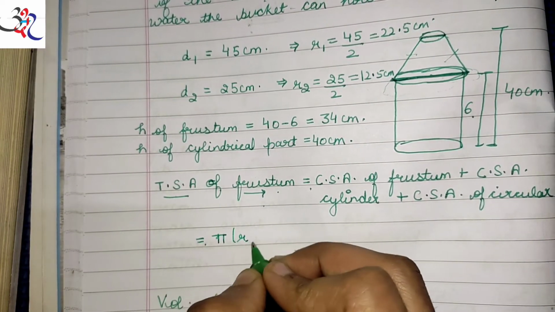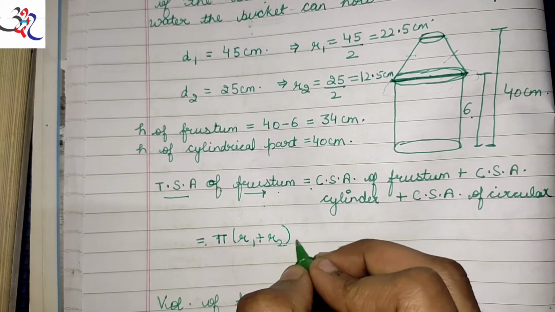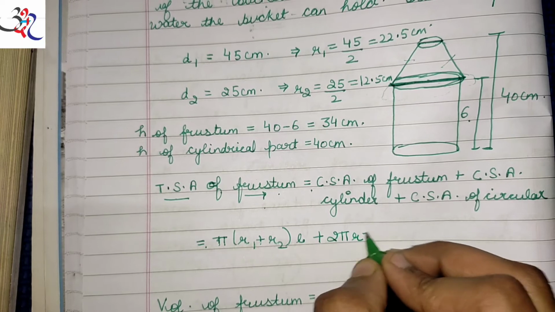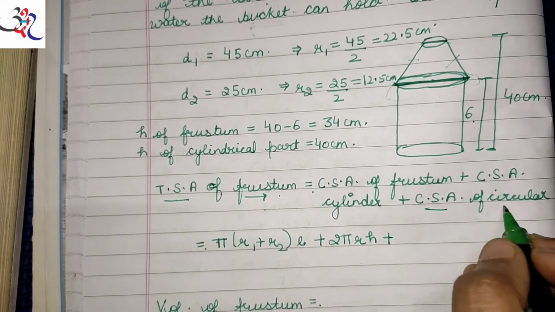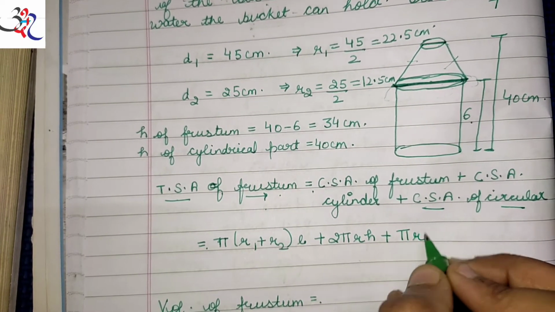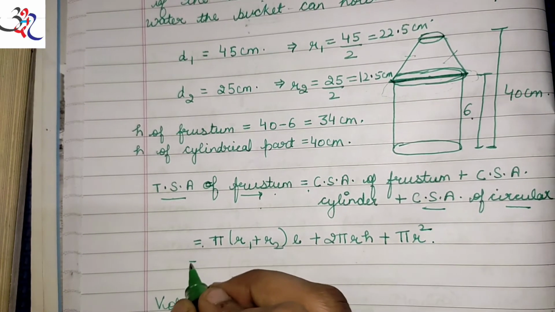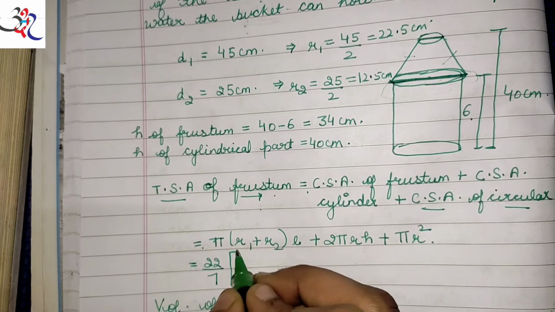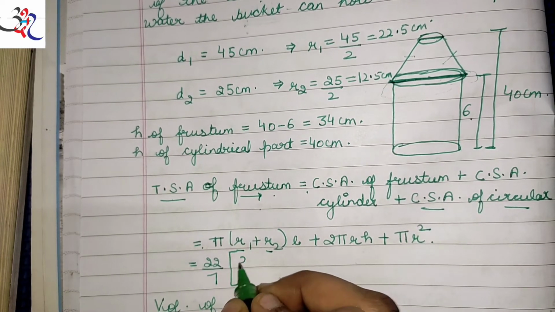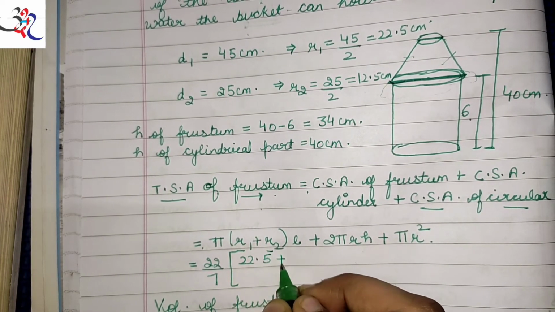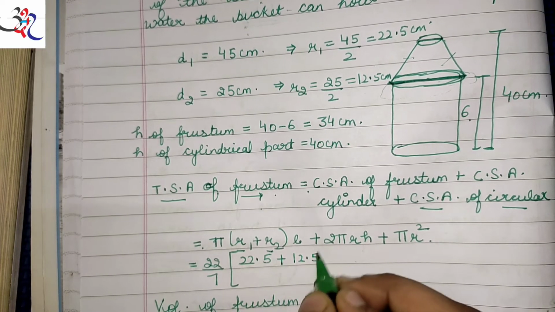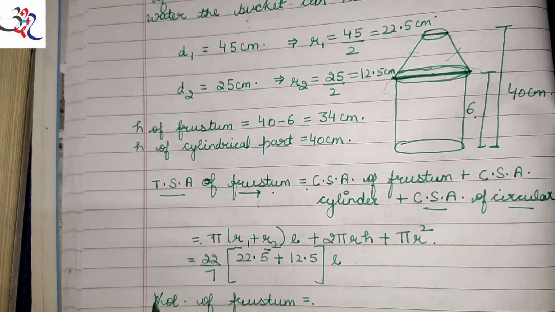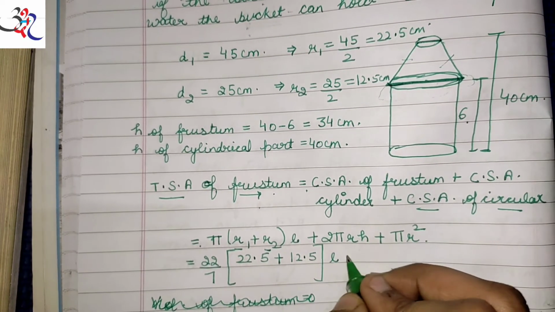We know that the curved surface area of the frustum is pi into (r1 plus r2) into L. Similarly, for the cylinder it is 2 pi r h, plus for the base it is pi r square. And we know that pi is equal to 22 by 7. R1 and R2 we have found: R1 is 22.5 centimeter plus R2 is 12.5 centimeter, into L. L we do not know, so we will find L by using the formula.